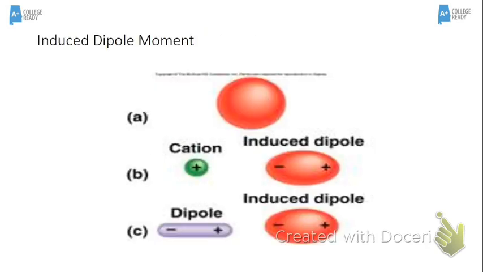So an induced dipole moment can happen in a wide variety of ways. It can happen when you have a cation approach a non-polar molecule and it will induce a dipole, or you have a substance that has a dipole which will get near a substance that is non-polar and induce a dipole.